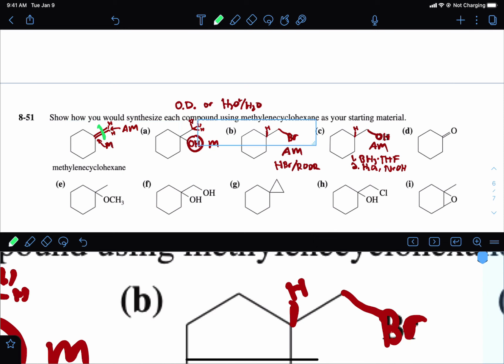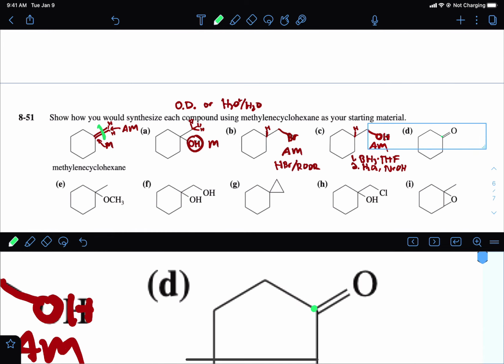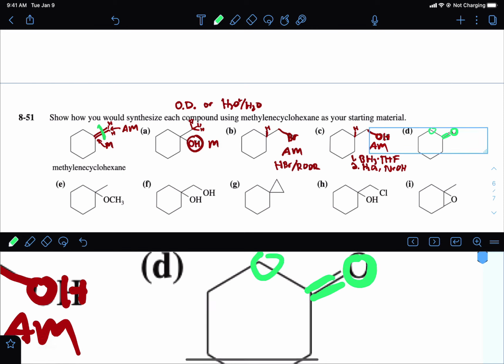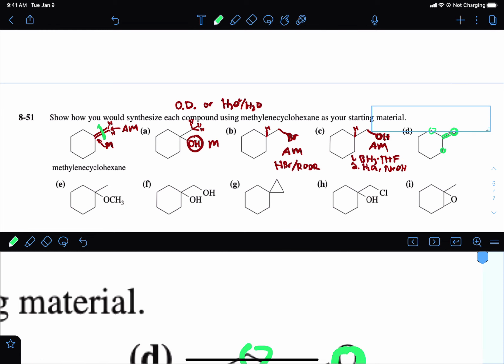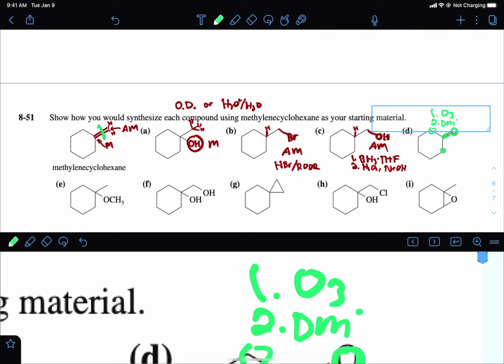What's left is the double bond O that's in its place. So since this is a ketone, we don't have to worry about whether an aldehyde is getting converted to a carboxylic acid or not. So again, we could use ozonolysis, O3 followed by DMS, dimethyl sulfide, or you could use KMnO4 cold.